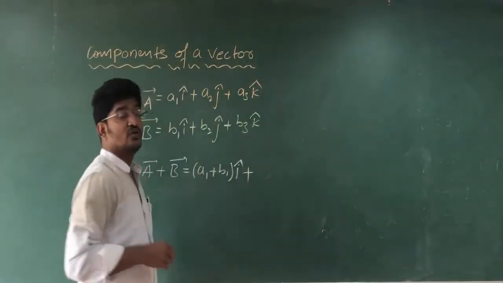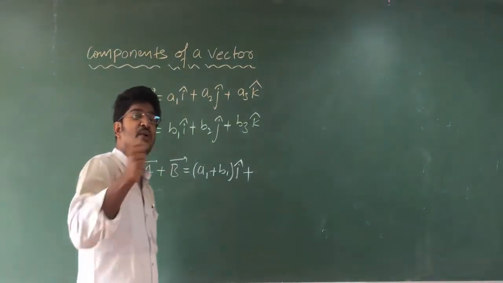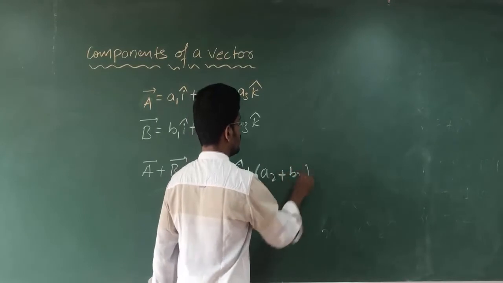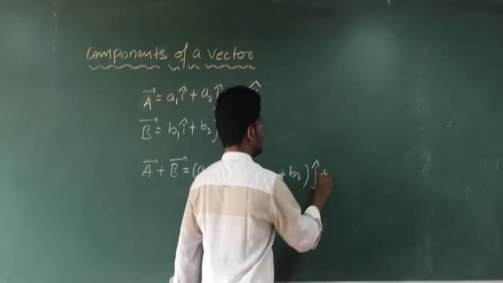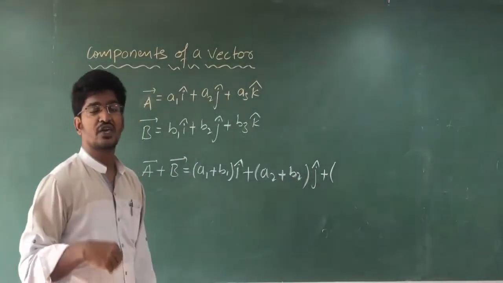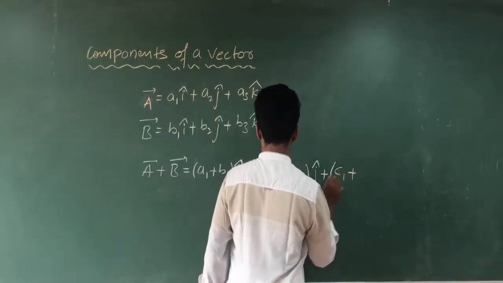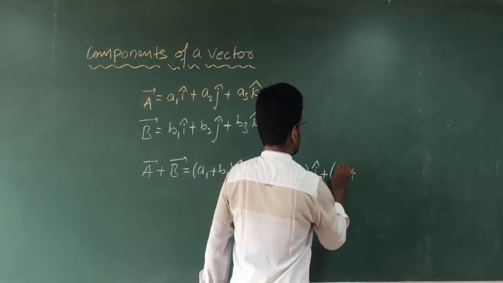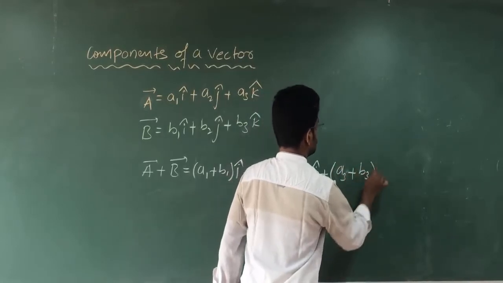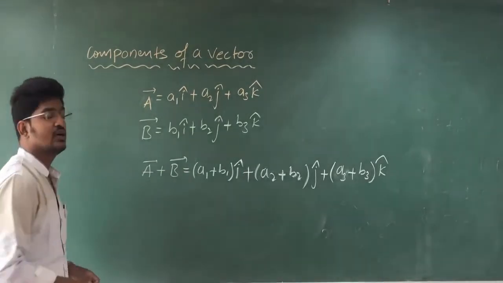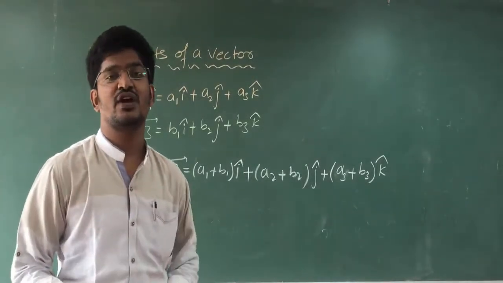Next, vector component of j cap and j cap has to be added, and vector component of k cap and k cap has to be added, that is A3 plus B3 k cap. So this is how you are going to add vector A and vector B.